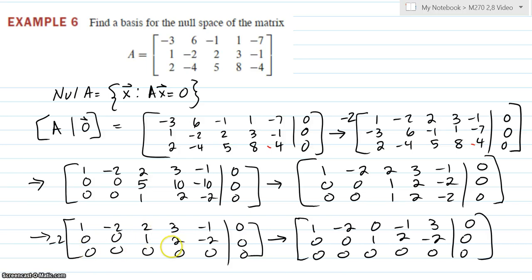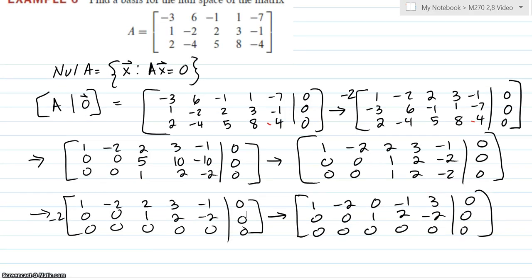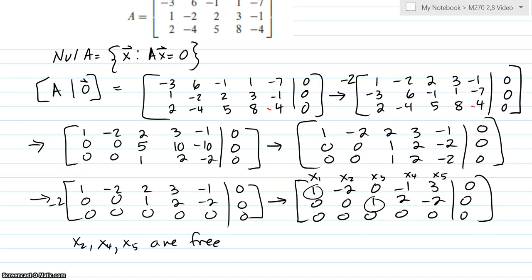By multiplying the second row by negative 2 and adding it to the first, you can see here you would get a 0, and this would be a negative 1. 4 minus 1 is 3, and a 0. As I was saying earlier, x2, x4, and x5 are free since there's no pivot. So I'm just going to solve for x1 and x3.